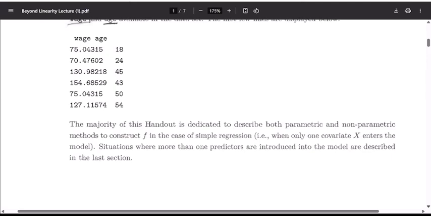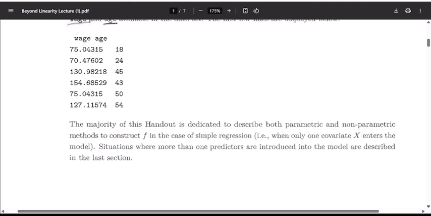Within a non-linear platform, right now we're no longer on a linear platform, there exist two major approaches that can be used to estimate the function that will enable us to capture the relationship between wage and age. The first one is parametric, and the second one is non-parametric.